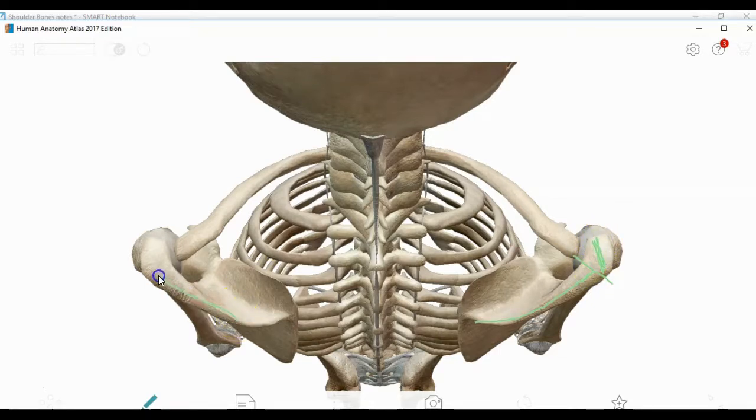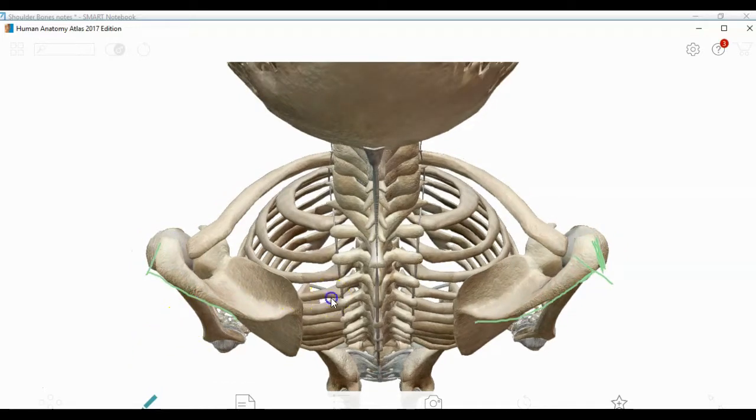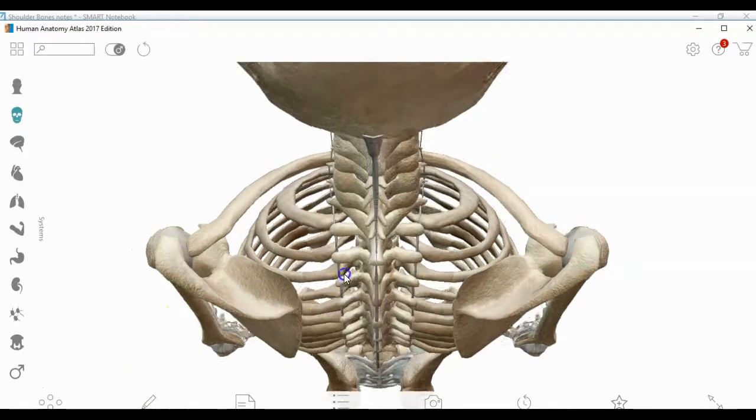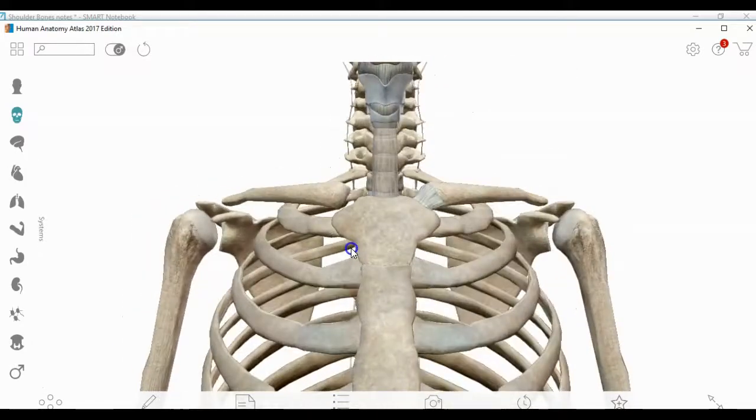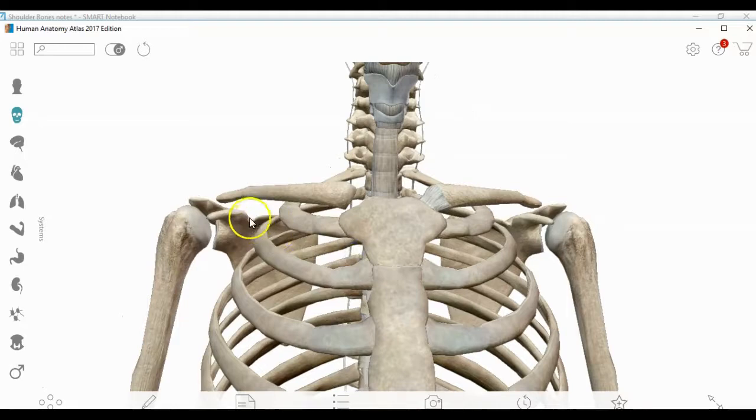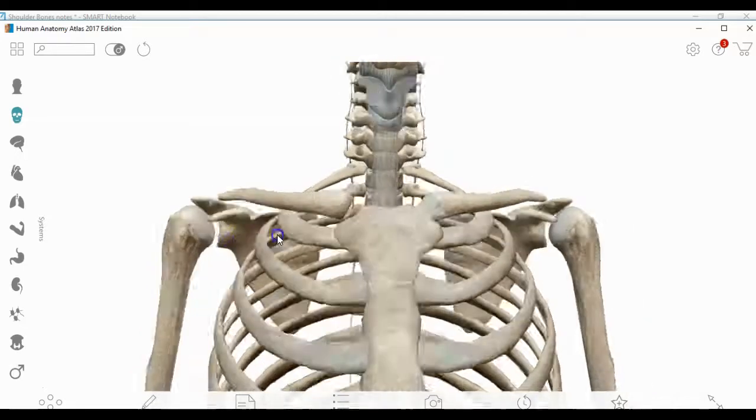And in our bodies, it's a pretty sharp angle. So you can see it's on the posterior side. And really, we don't get to see much of it from the front, maybe a teeny little snippet there.